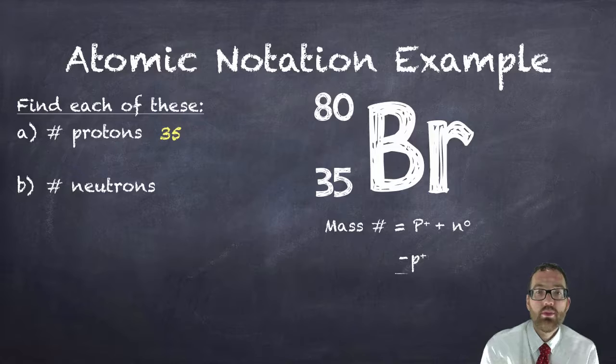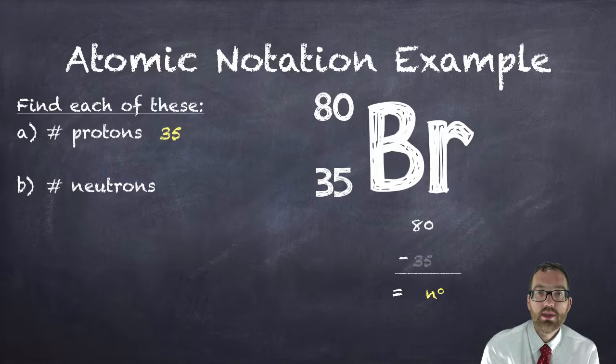So if I subtract the number of protons from the mass number, I should get the number of neutrons. So the mass number is 80, because that's the superscript number. The number of protons is 35, because that's the subscript number. So 80 minus 35 will get me 45 neutrons.